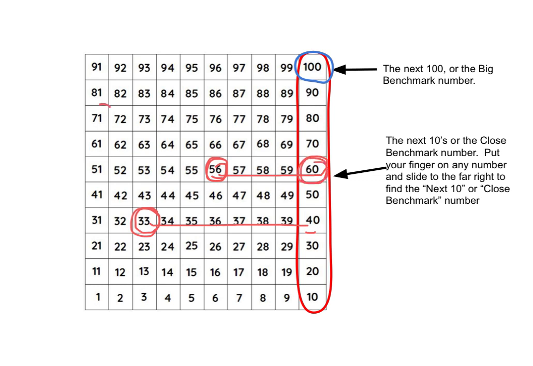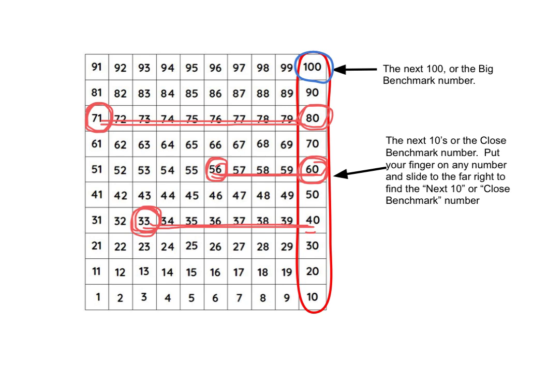If I want 71's next 10, the answer would be 80. So anytime you're looking to know what to subtract, you go to the next 10. Notice I always slide to the right to get to the next 10.